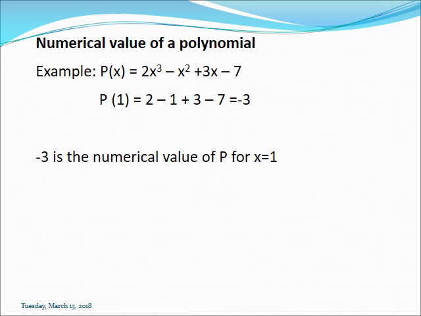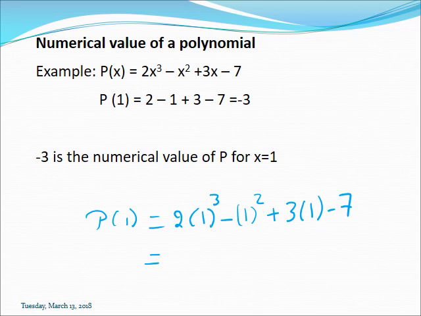Numerical value of a polynomial. P of x equals 2x cubed minus x squared plus 3x minus 7. Calculate P of 1. P of 1 equals 2 times 1 cubed minus 1 squared plus 3 times 1 minus 7, which is 2 minus 1 plus 3 minus 7.